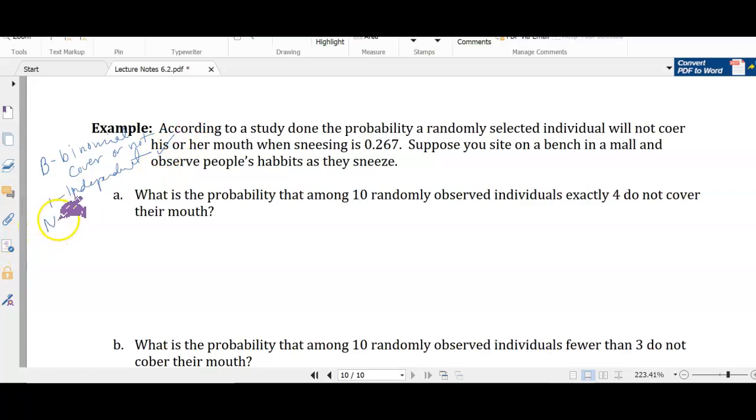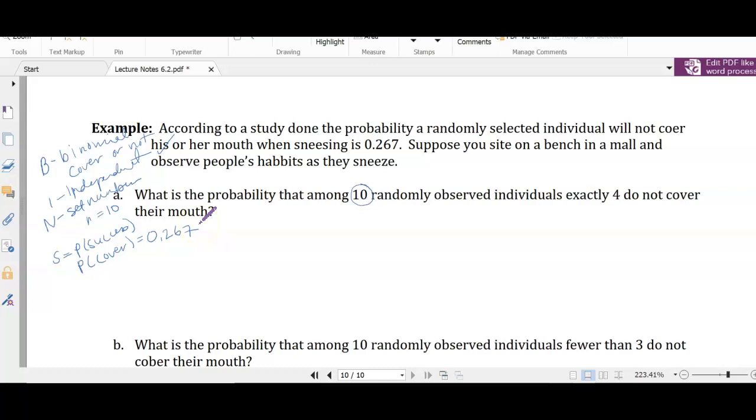Okay? Is it a set number of trials? Once you read part A, it says that we have 10 observed people. So my n is, in this case, 10. And my probability of success, which in this case is the probability of covering, is 0.267. Okay, so that one's also satisfied.